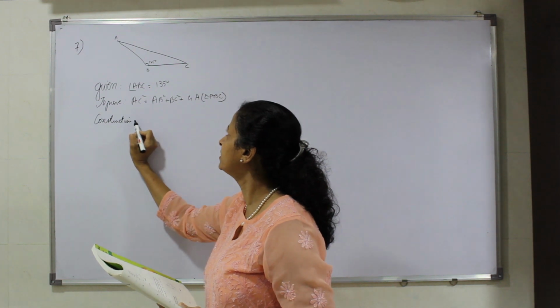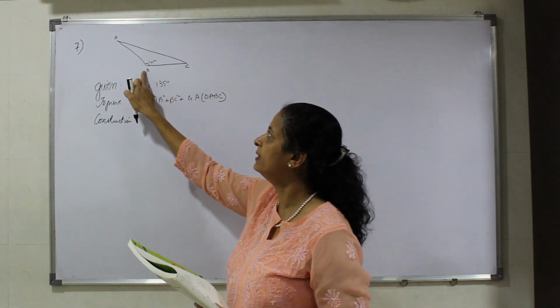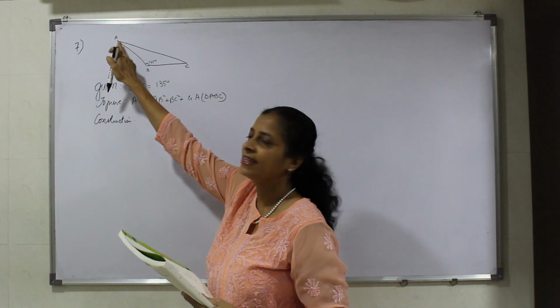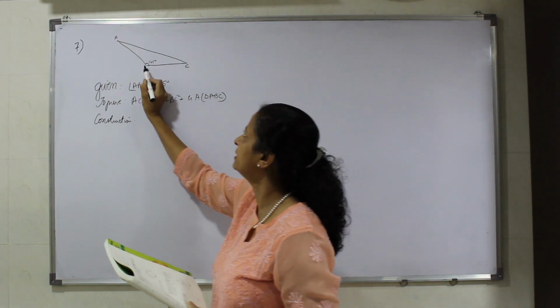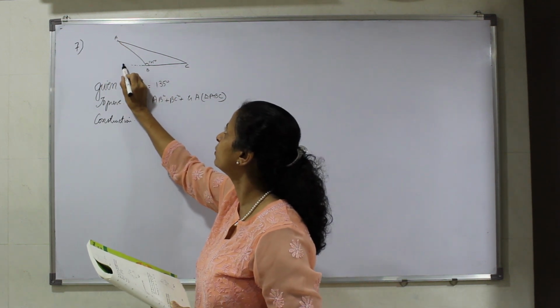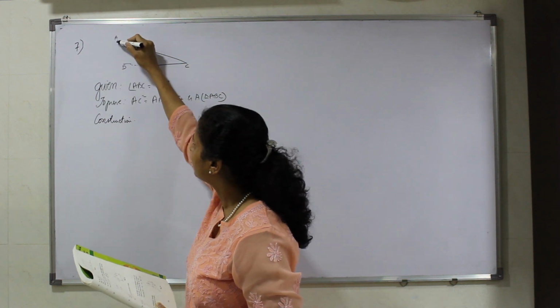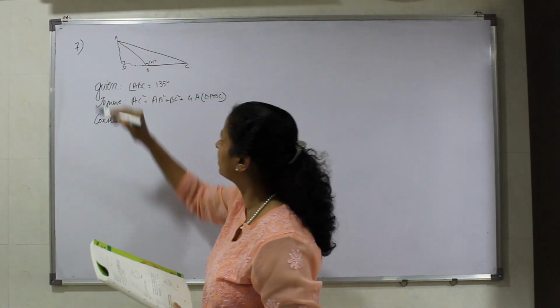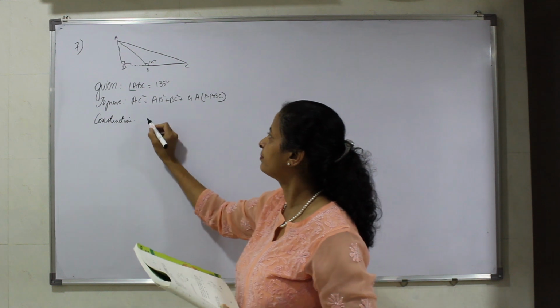And the construction is extend the ray CB to the point D such that AD is perpendicular to BC. So we extend the CB to the point D such that AD is perpendicular to CB.